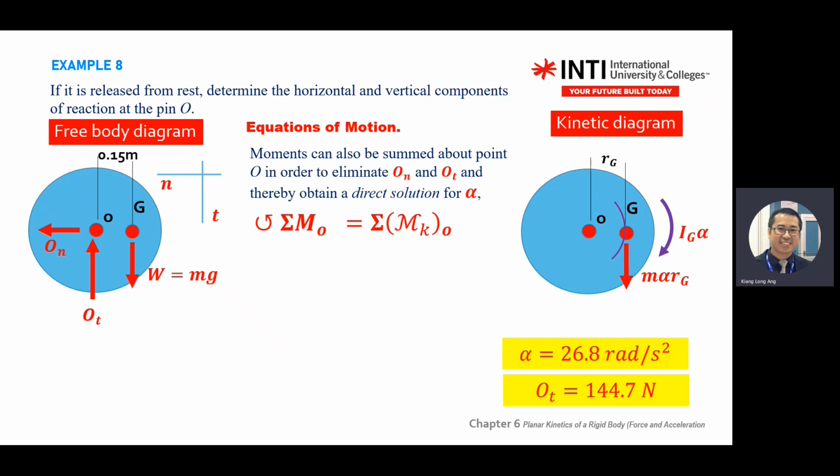So MO will equal MO kinetic diagram. Here, in the free body diagram, you only see W, correct? W times 0.15. Inside the kinetic diagram, you look at O, we have one moment here, one moment here. Make sense?